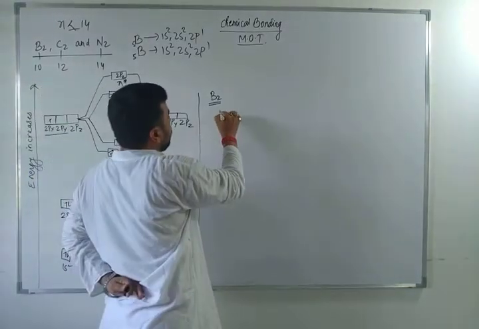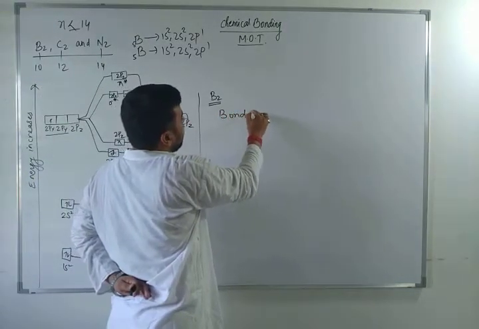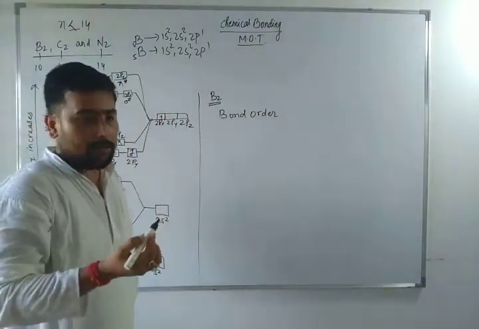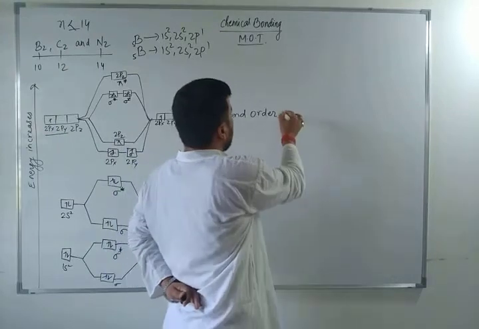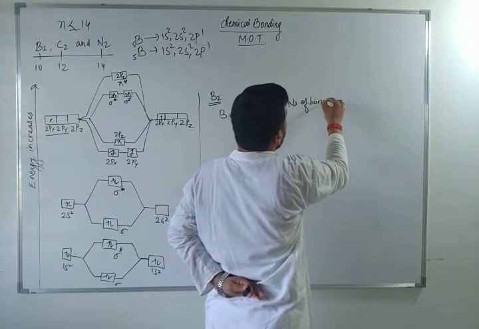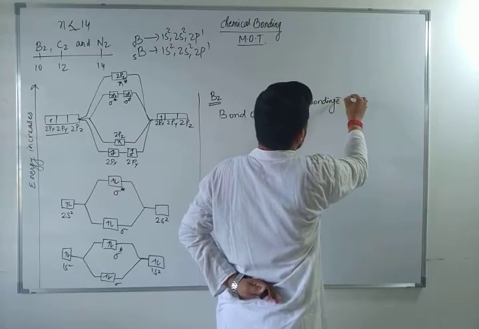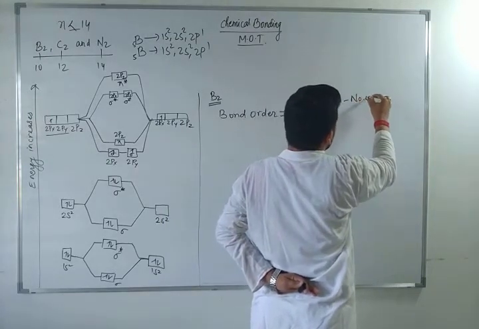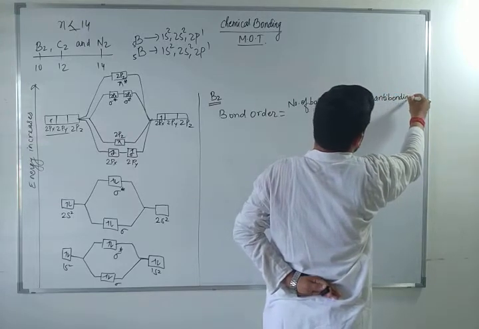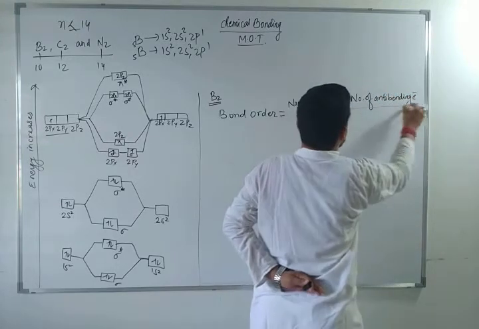Now, anybody will ask you what is bond order. Bond order means the number of bonds between the 2 atoms. So it is the number of bonding electrons minus the number of anti-bonding electrons, upon 2.